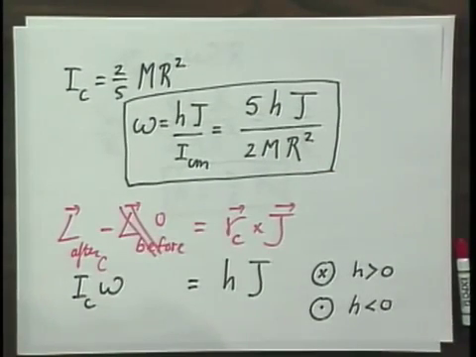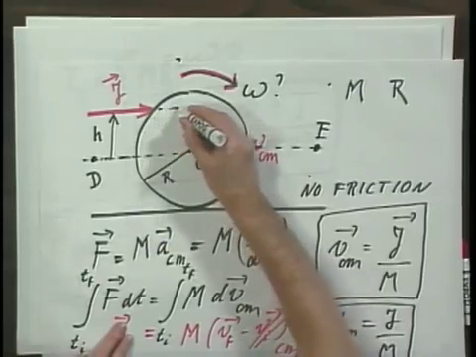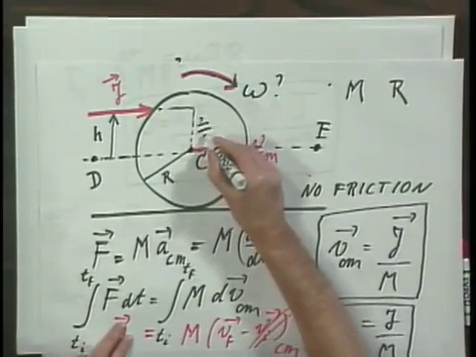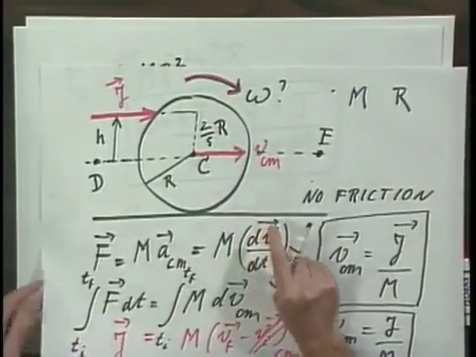In other words, I have to hit the ball at a distance h, where this distance is 2/5 r. Then the ball will go into pure roll.